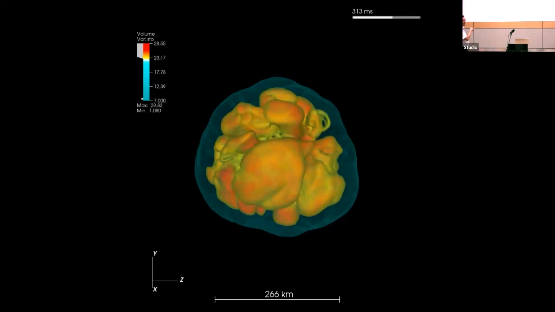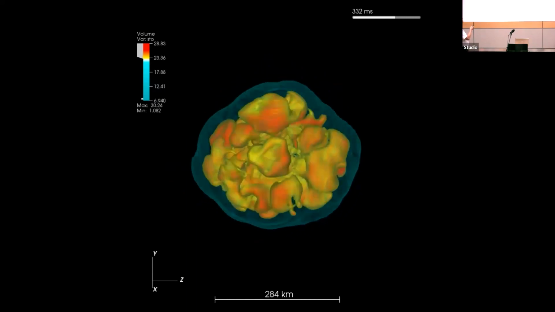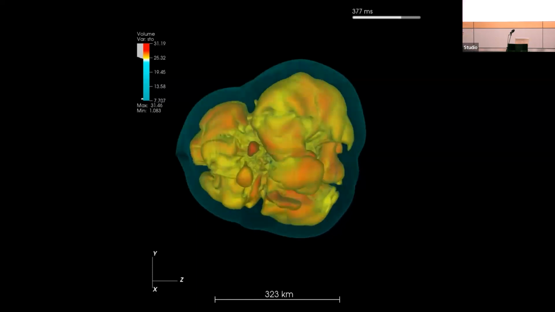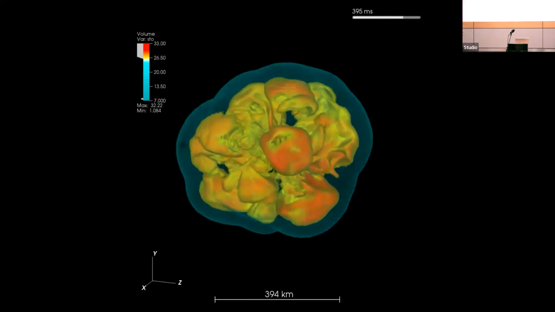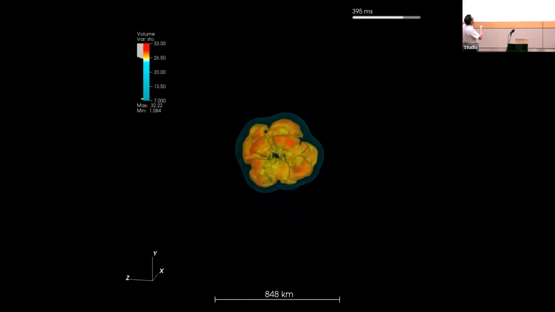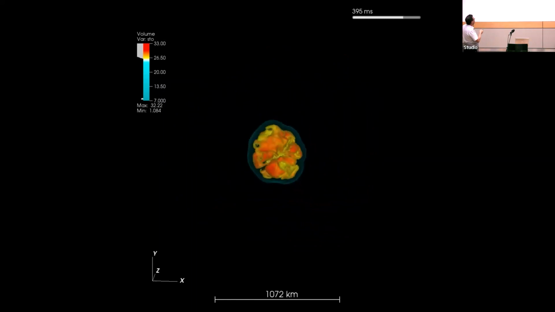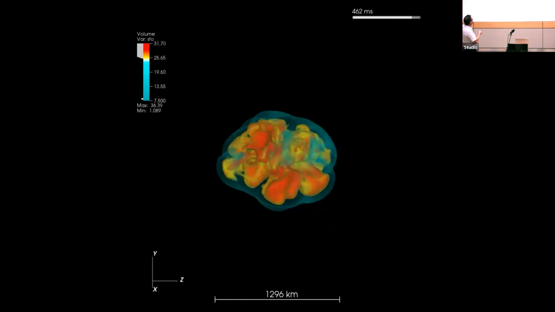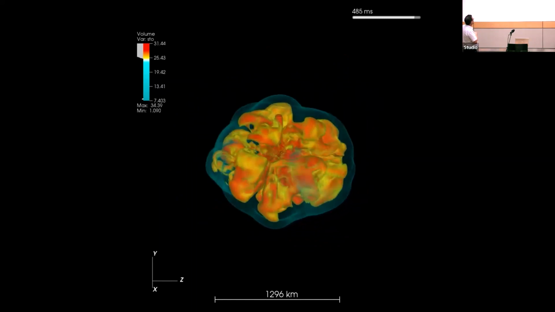It's a long time by dynamical standards because the dynamical time scale is about a millisecond. So it really goes on, and some people have in the past argued that this probably can't work, but it seems to work. After about 400 milliseconds, the shock is revived. And so now the movie zooms out to show how this accretion shock can expand inside the core of the star.